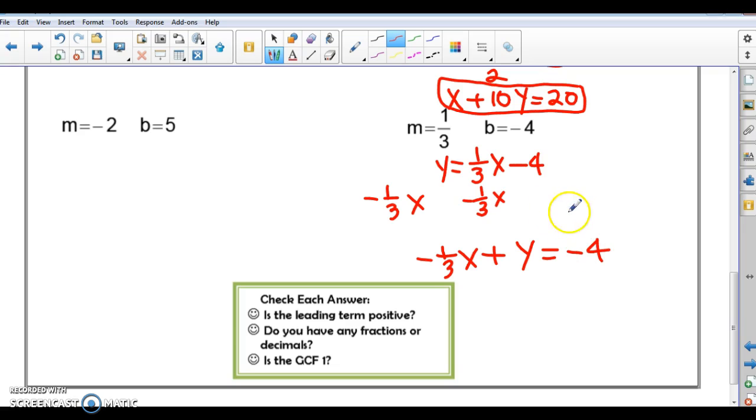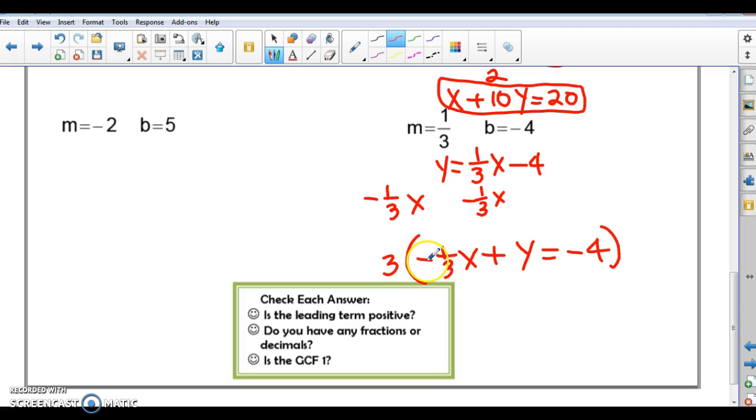Okay? Now, we have a fraction, so we have to get rid of fraction. And we also have a negative coefficient. So this time we need to get rid of negative and fraction at the same time. So how do I get rid of fraction? We need to get rid of 1/3, so we have to multiply by 3. Correct? Okay. But we can actually kill 2 birds with 1 stone by getting rid of negative at the same time.